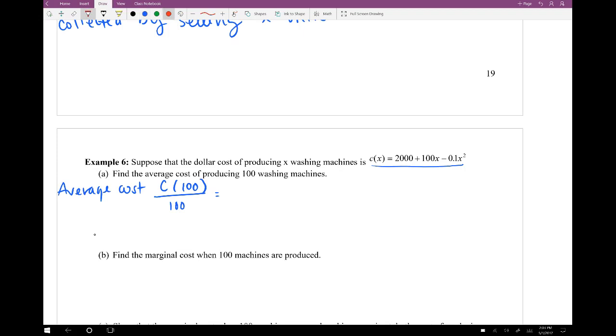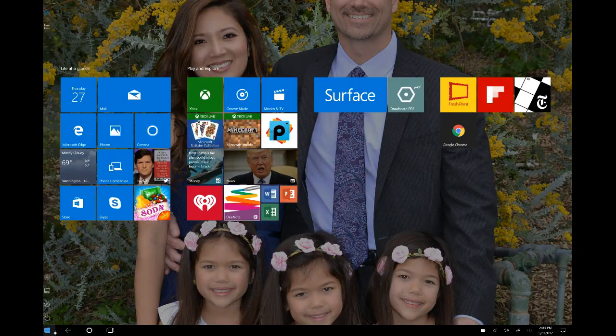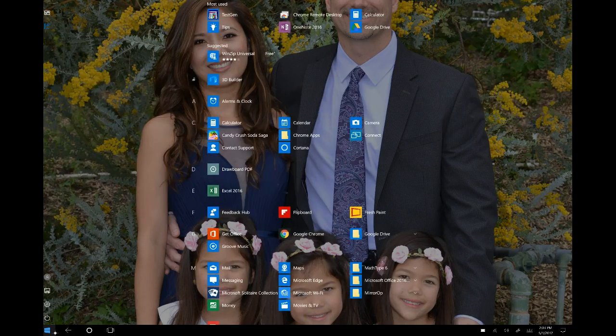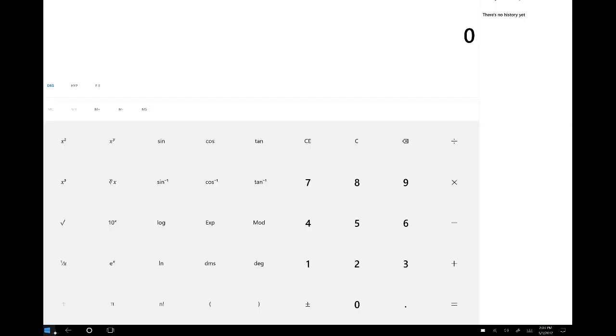So it's going to be, plug it in, 2,000 plus 100 times 100 minus 0.1 times 100 squared all over 100. Let me see if I can use my calculator. Okay, so let's punch in.